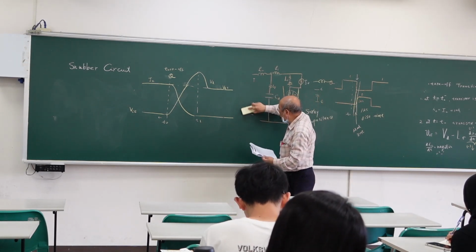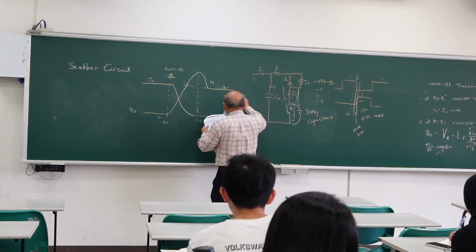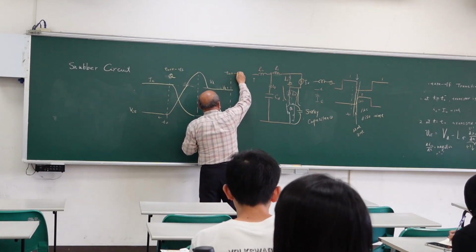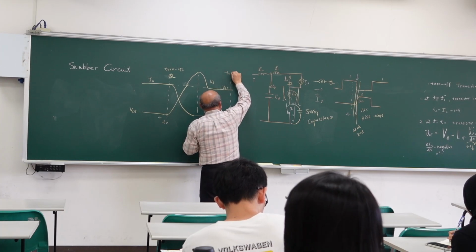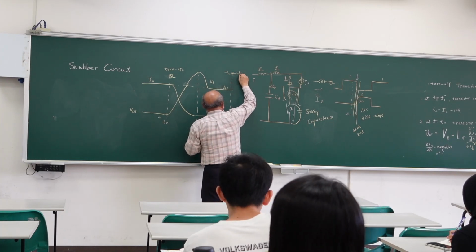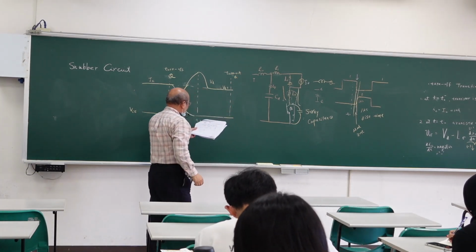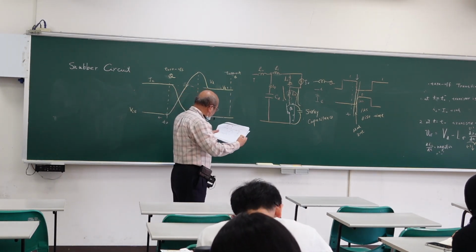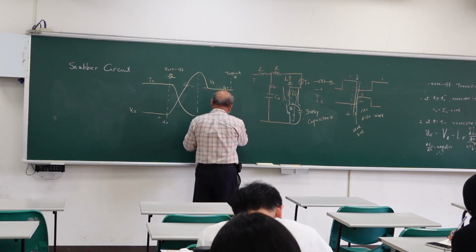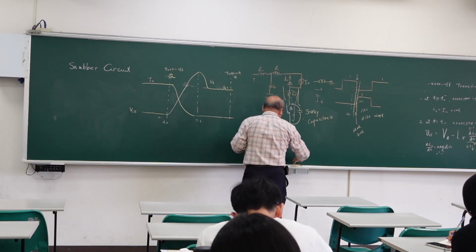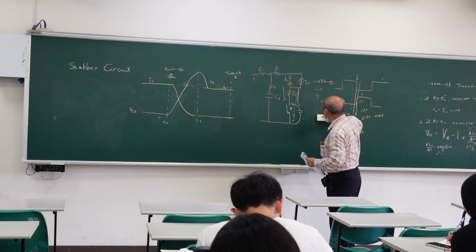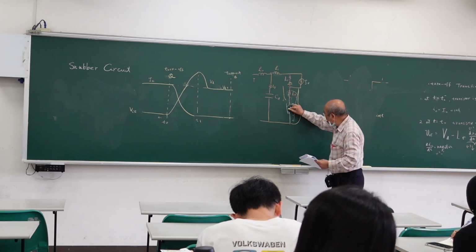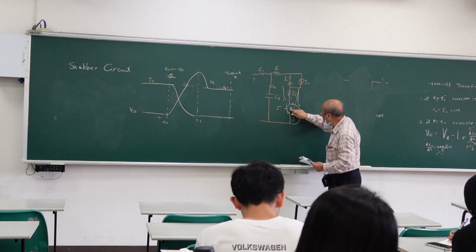How about turn on? If you turn on here, if you turn on the device Q, then what happens? Then the voltage will decrease. So you have a current here. Now you turn on the device, you have a gate signal turn on.